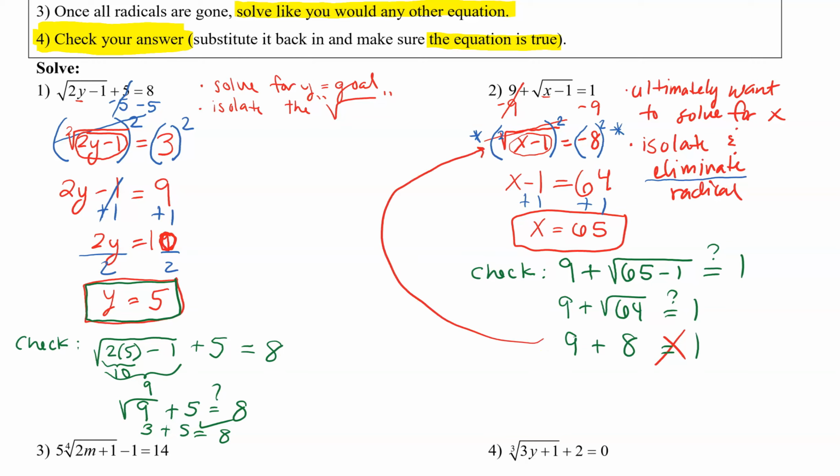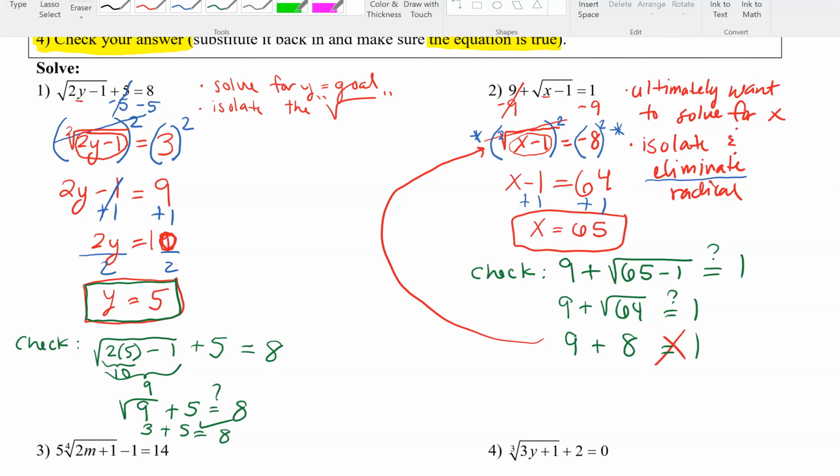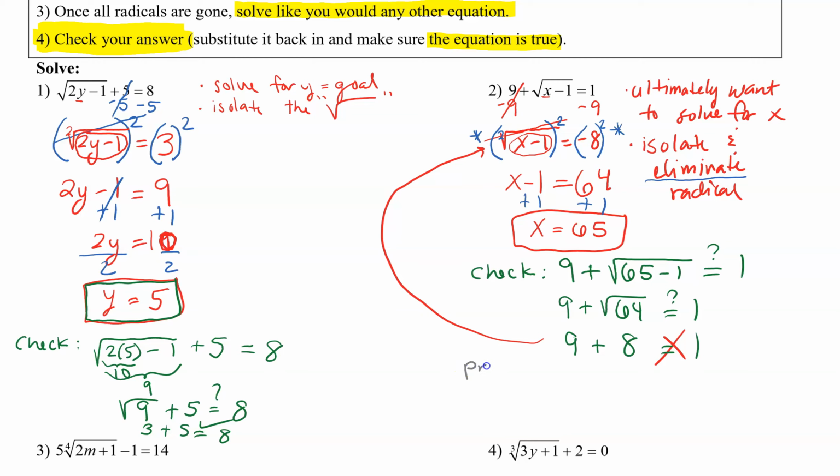If you remember in skill 6, when we were talking about even roots, square roots, fourth roots, sixth roots, etc., we have to always take the principal root. And that is the issue we are dealing with here: a principal root must always be positive.